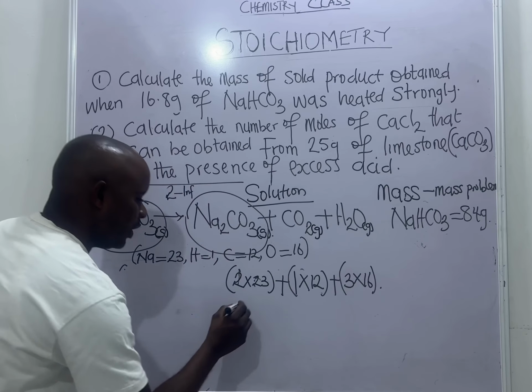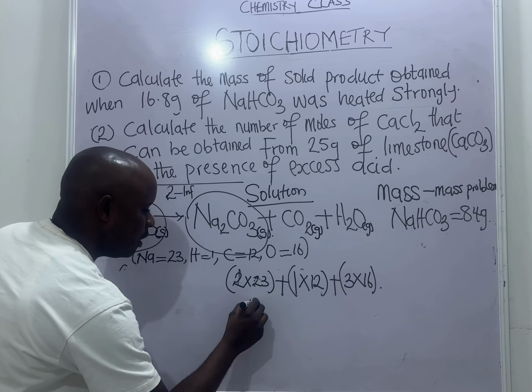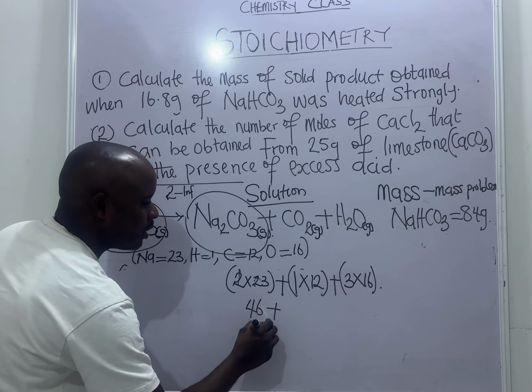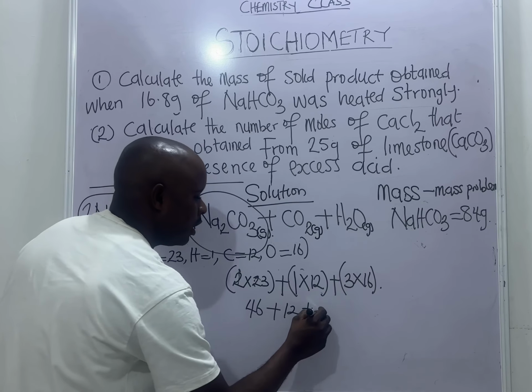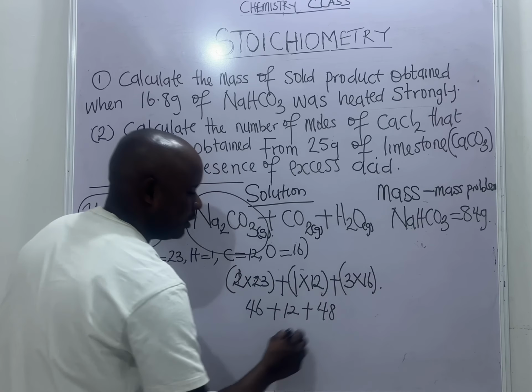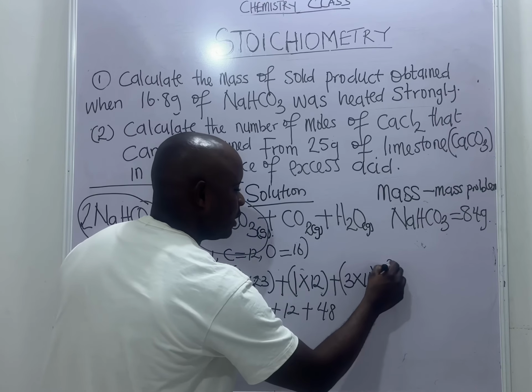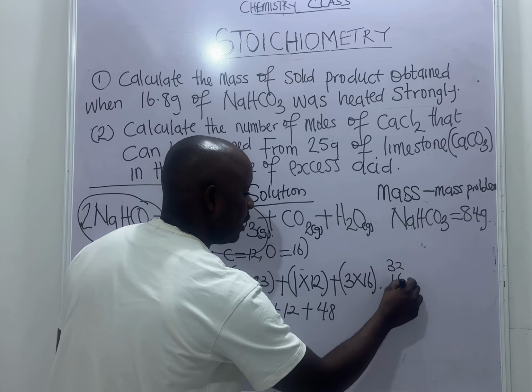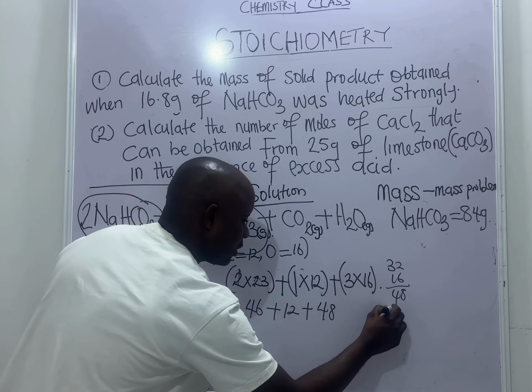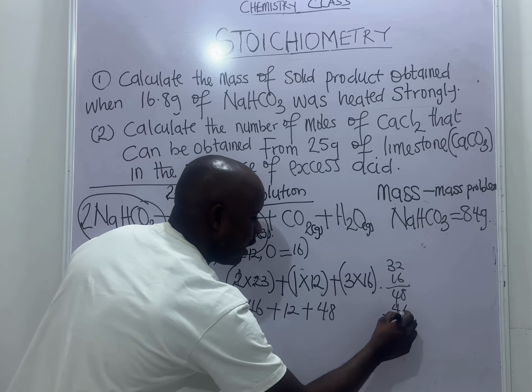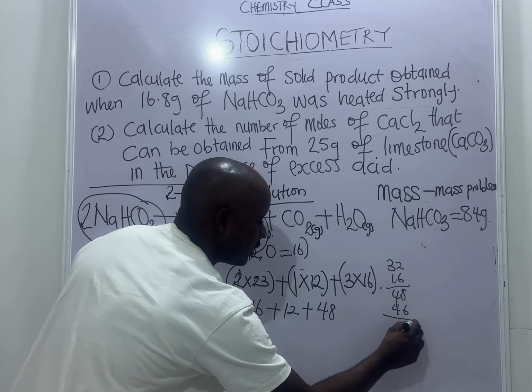So by so doing, we have 46 plus 12 plus 48. So by so doing, 48 plus 46, we are going to have 94.